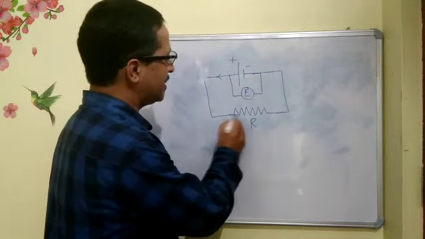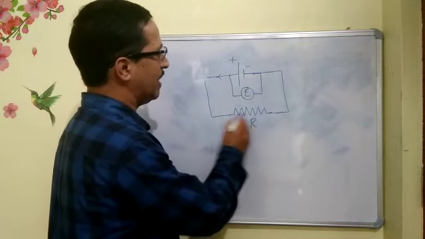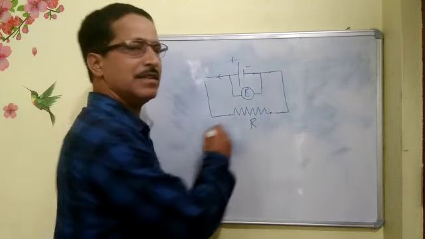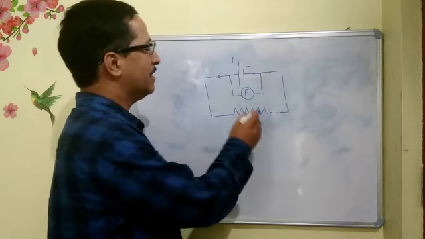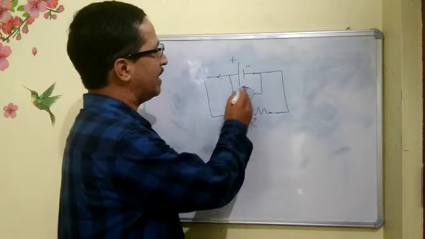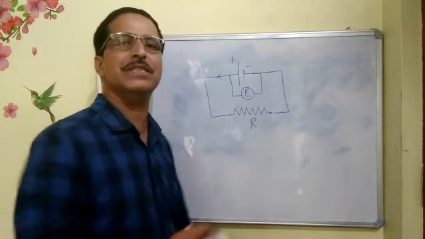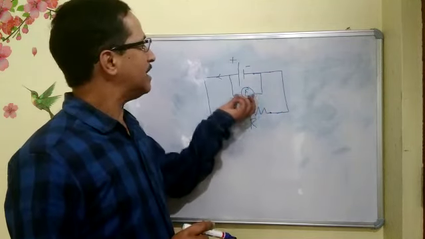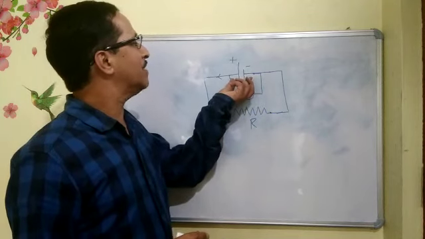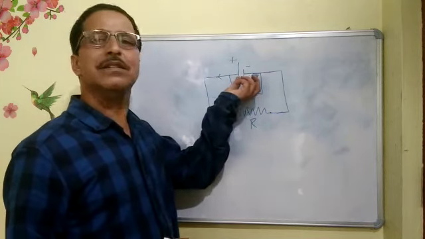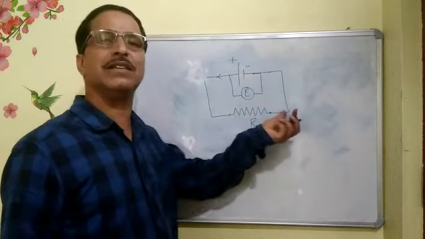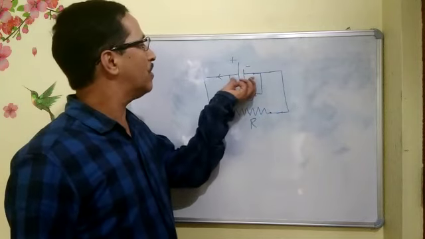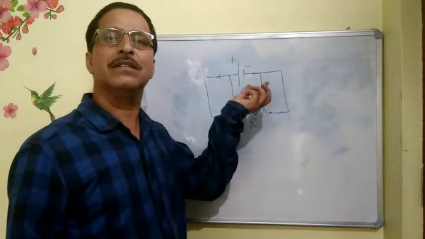As a result of this flow, potential will drop across this resistance R. This potential drop will be taken from the EMF of the cell. As a result, the potential difference between the two ends when current starts flowing through the external circuit will decrease.